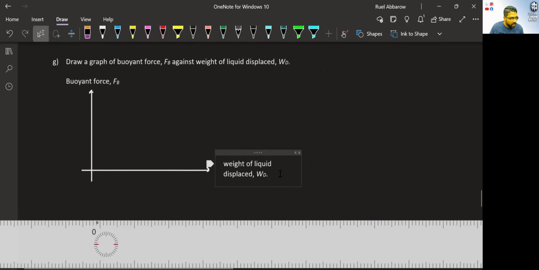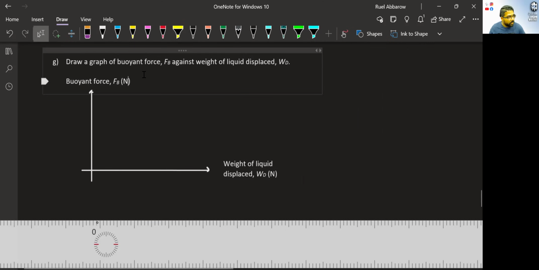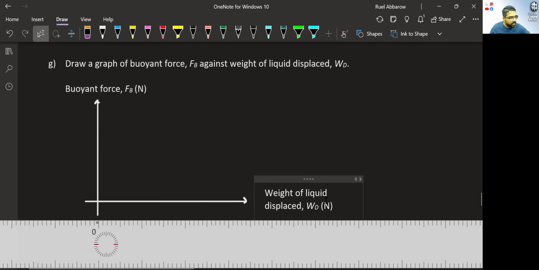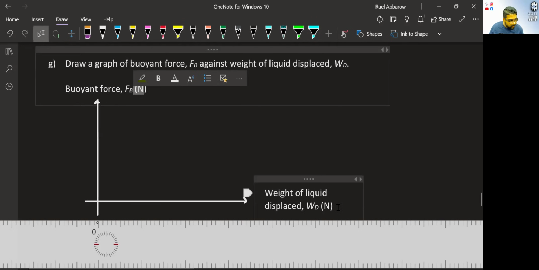Units are missing. So weight of liquid displaced, put brackets, Newton. Buoyant force, bracket, Newton. Please make sure that you have this, right? Label the axis, put in the unit.